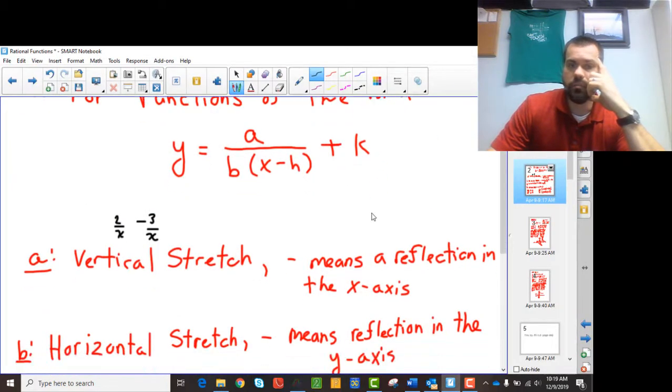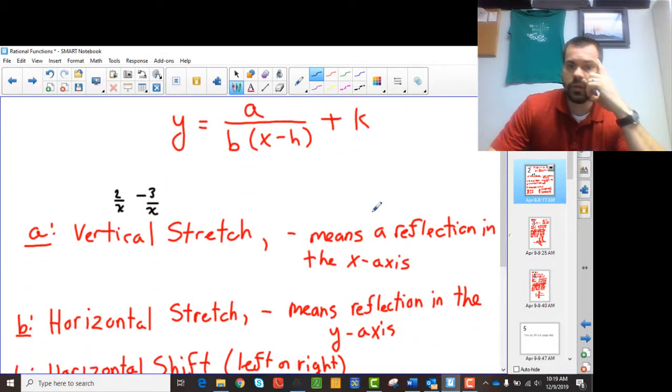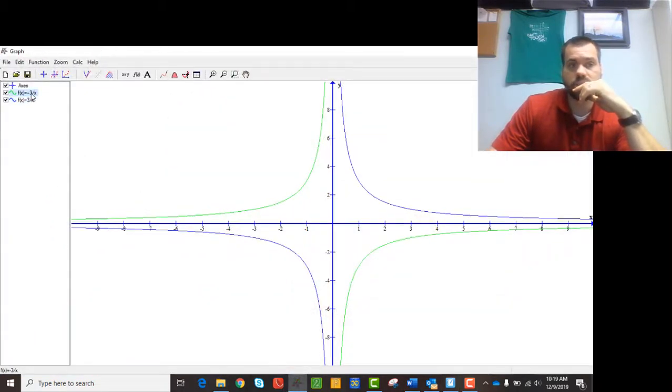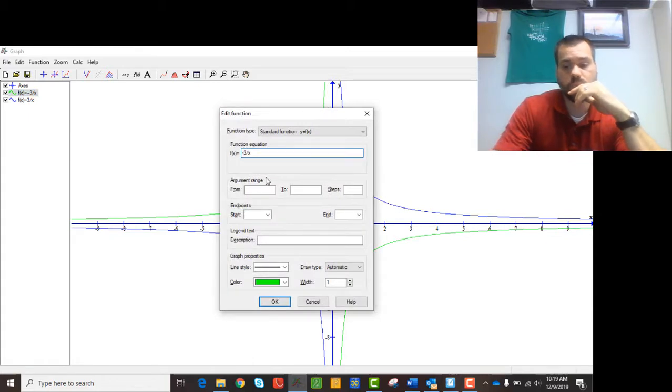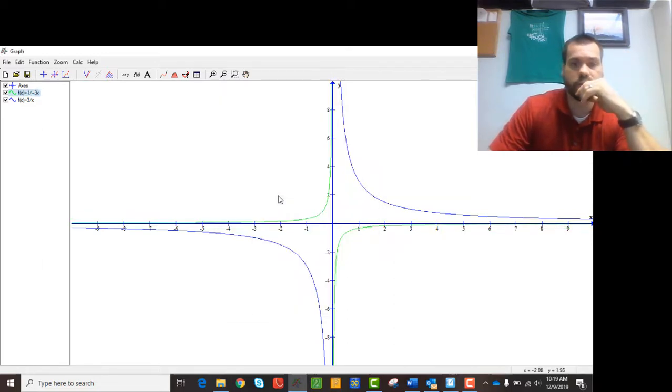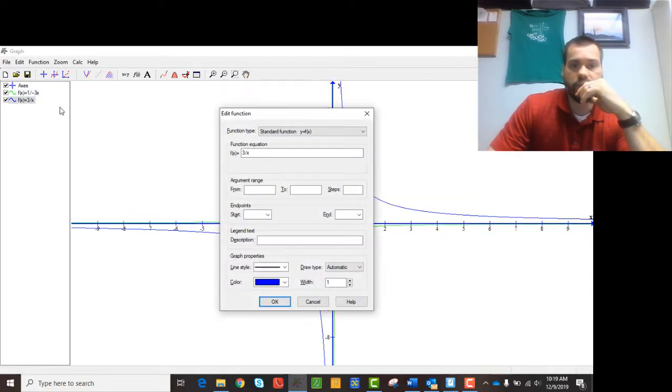If you look at b, b is a horizontal stretch. And a negative means that the reflection happens in the y-axis. So again, if we just change this, we'll put the 1 back on the x, but b is down here multiplied by x. So let's say I put a minus 3 there, and then I just show you, in comparison to 1 over x, what happens.